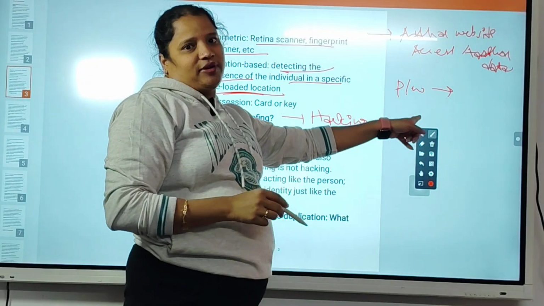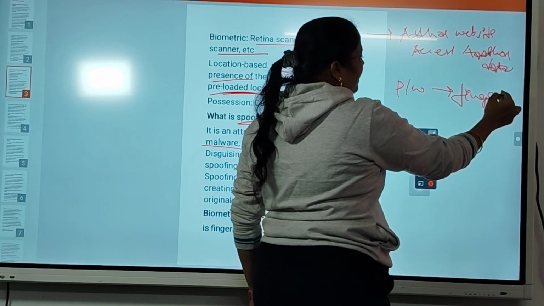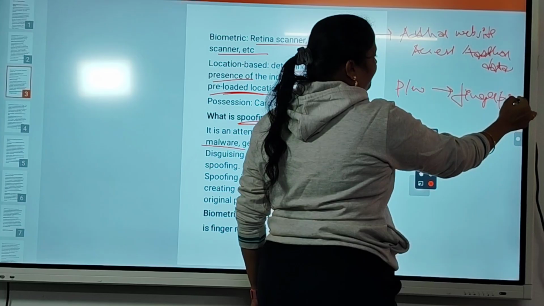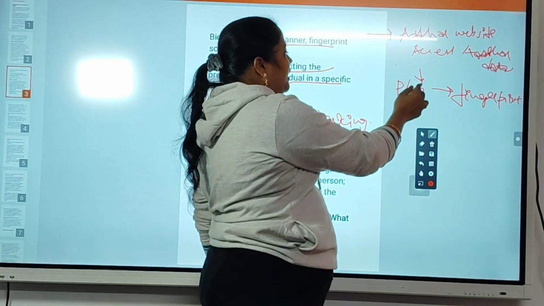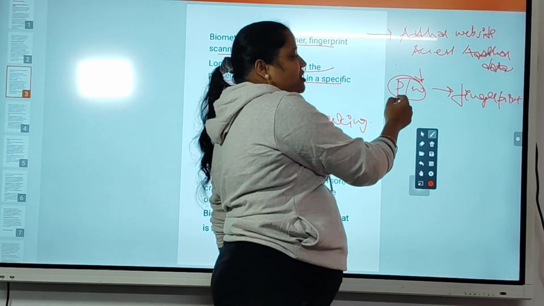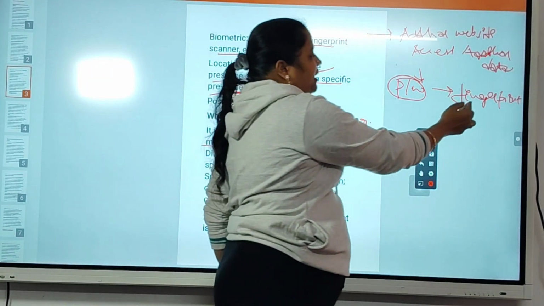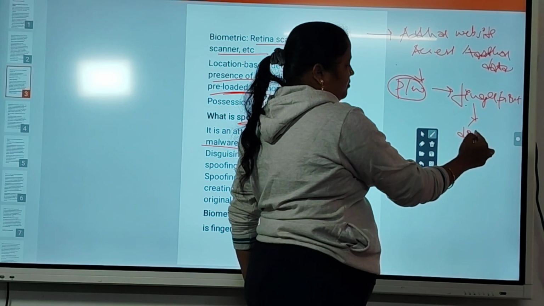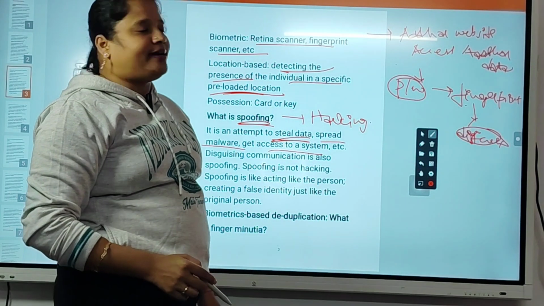After entering the password, it will also ask for a fingerprint. It is very tight for a hacker to access this data, because he has to get the password information and your fingerprint also. Getting a fingerprint is a very difficult task. So no one can easily steal others' Aadhaar data.